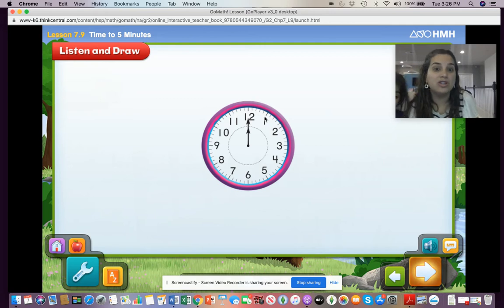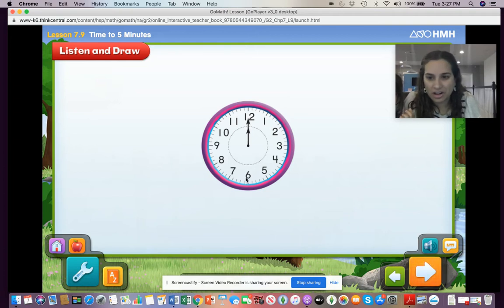If we want to show 12:30, I don't see a 30 anywhere on this clock, but I can count by 5 so that I can get to 30. So the 1 is 5, the 2 is 10. Is that counting by 5? 5, 10, 15, 20, 25, and yell stop when I get to 30.